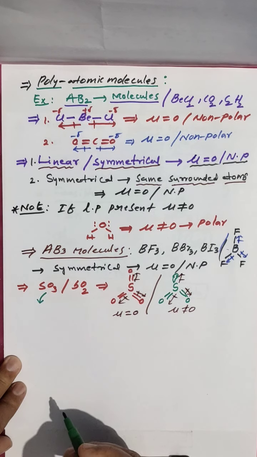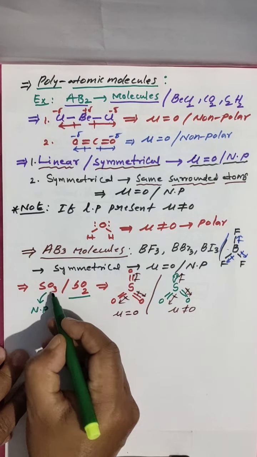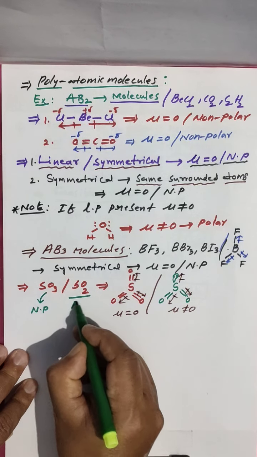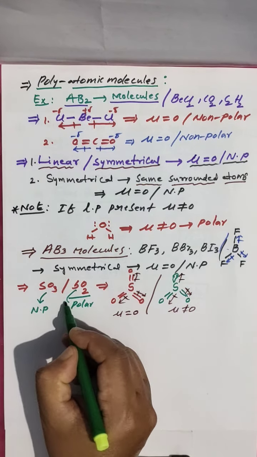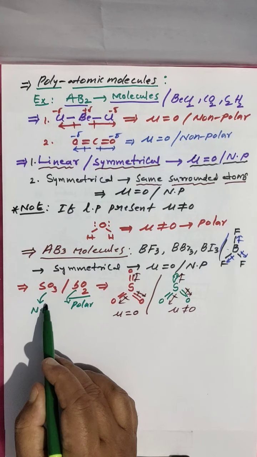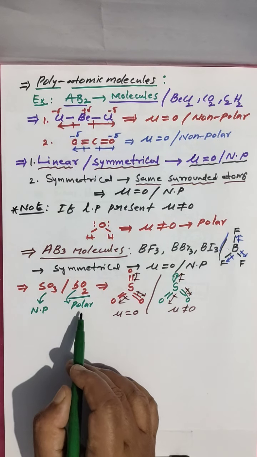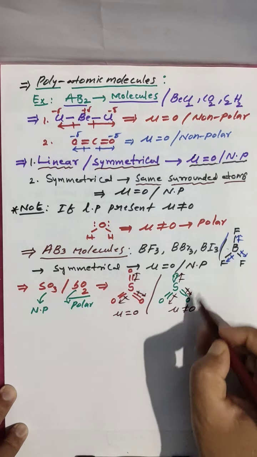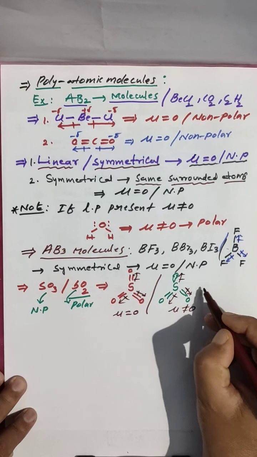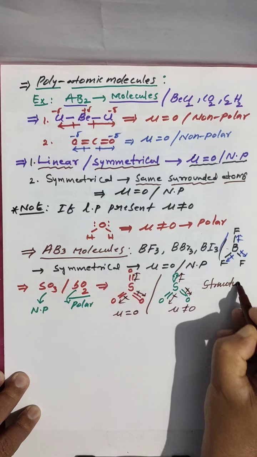Sulfur trioxide is non-polar. Sulfur dioxide is polar. See, both are the same: when sulfur is burned, you get SO3 and SO2. But SO2 is polar, SO3 is non-polar. This is very important; you have to remember. Dipole moment, polarity and non-polarity depend on structure, that is geometry. Structure dependent.